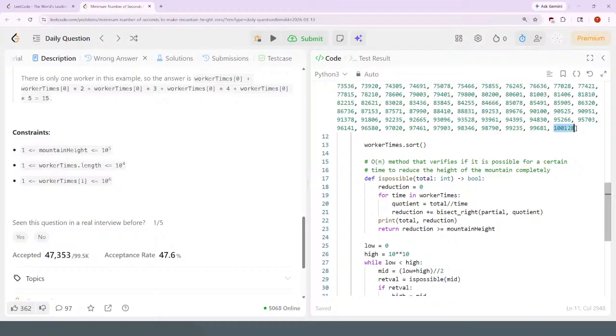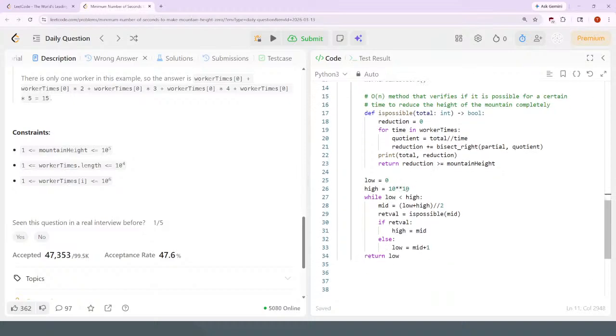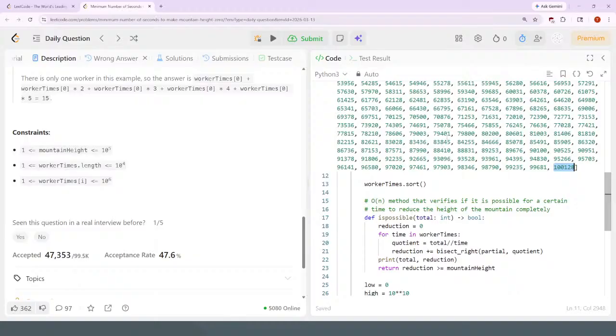Okay. So just this thing is just not big enough.